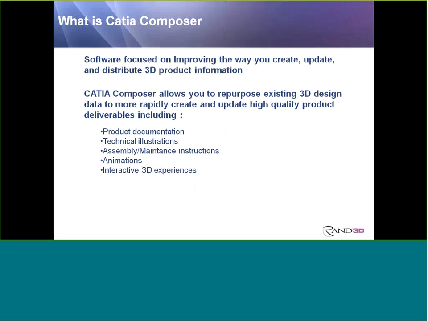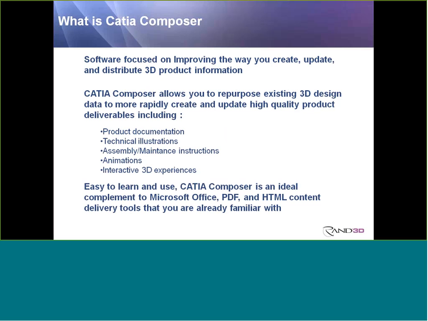These are all possible reusages of that data. Basically, CATIA Composer is an easy-to-use software that lets you do this. And again, you can complement your existing tools that you're using, PDF, HTML, Microsoft Office. It can work in conjunction with these very easily.